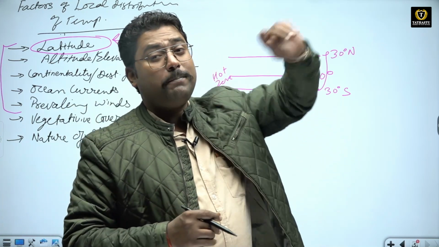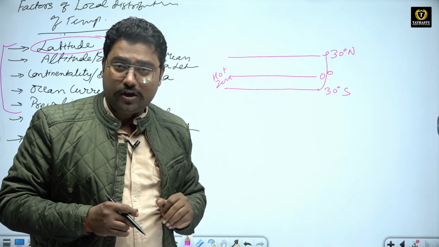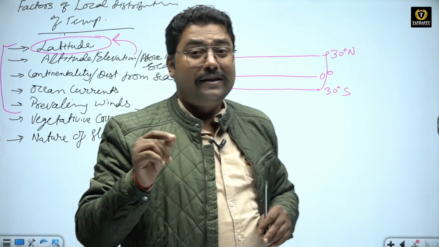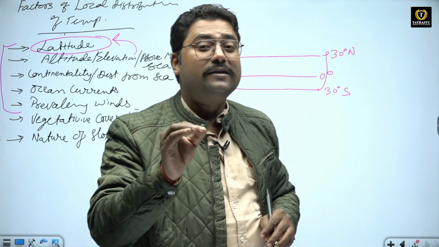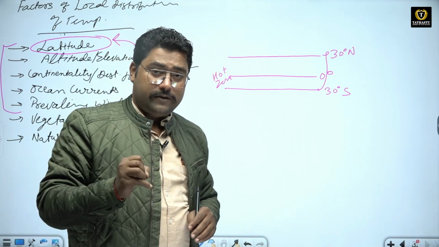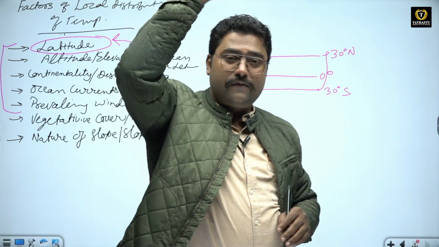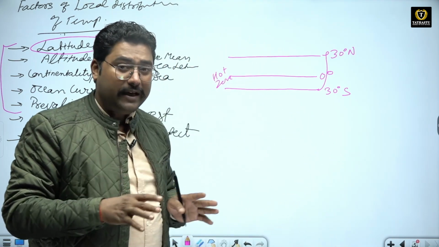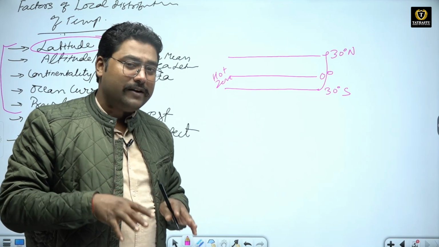If you remember the previous lecture on structure of atmosphere, what we saw in the troposphere is that there is a normal lapse rate, meaning as we move up in the atmosphere vertically, the temperature decreases; with height the temperature will decrease.